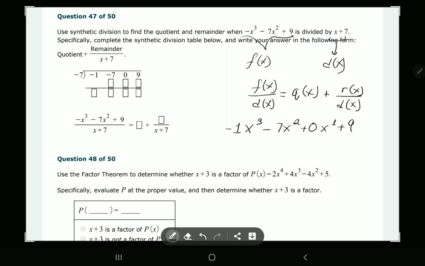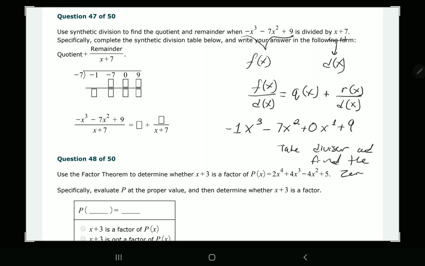Now the number on the outside is negative 7. How do we find that? To find the number that goes on the outside, we're going to take our divisor and find the 0. My divisor is x plus 7. To find the 0 of my divisor, I'm going to take x plus 7 and set it equal to 0 so I can solve for x.